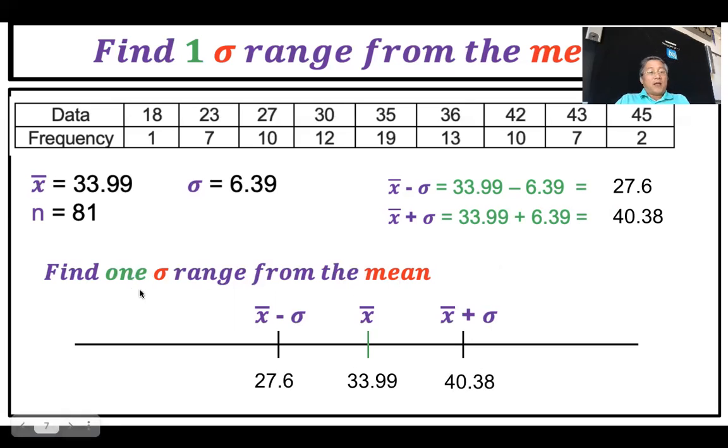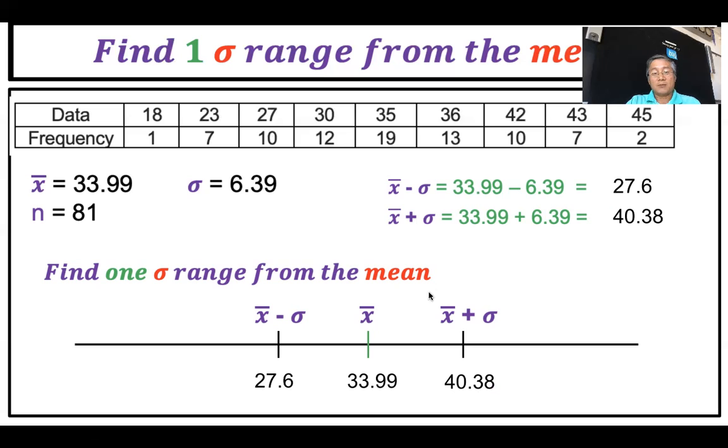Find one population standard deviation range from the mean, which means you want to find all the data between 27.6 and 40.38.